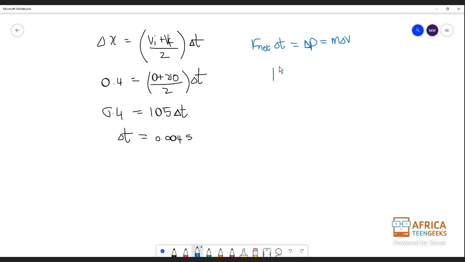So we can say that F net is equal to mass times change in velocity divided by the change in time. And so that will be the 0.02, which is the mass of your bullet, times final velocity minus initial velocity of the bullet, divided by 0.004.